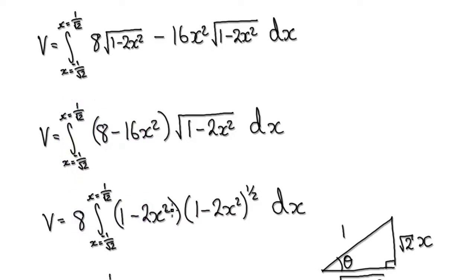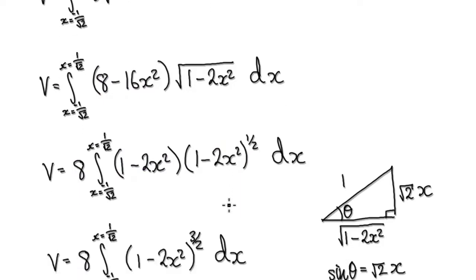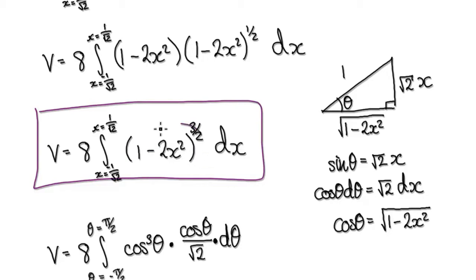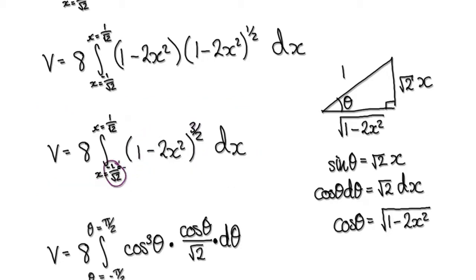And then notice that this is exactly the same as this, so you can merge the two together. That will then give you the exact same thing, but to the power of 3 over 2. So we are now currently here. So it's just a matter of us integrating this thing here from here to here.